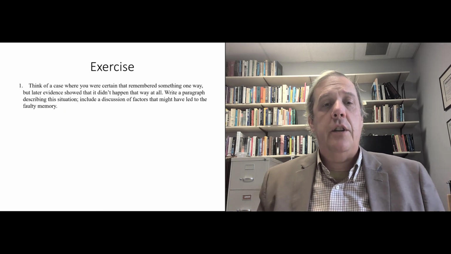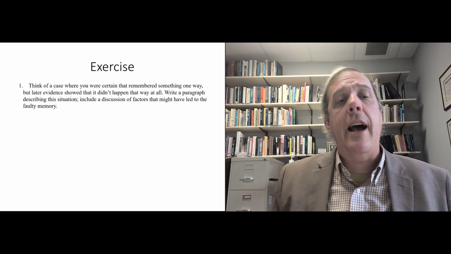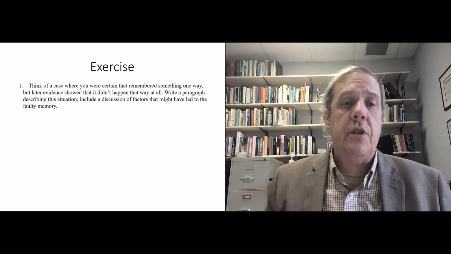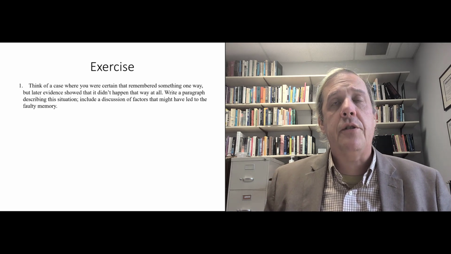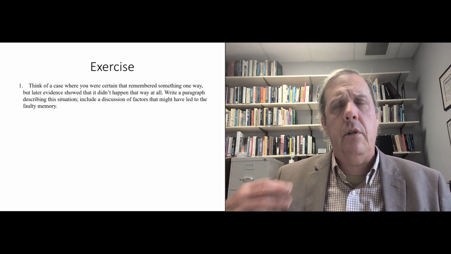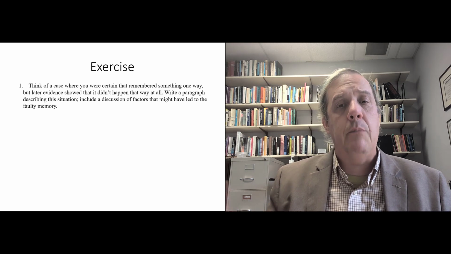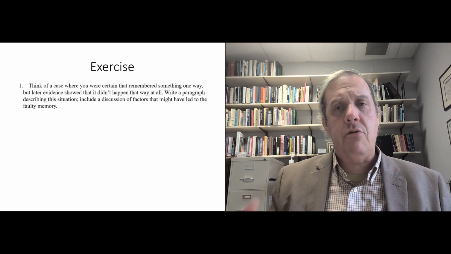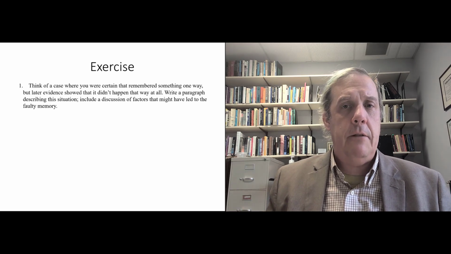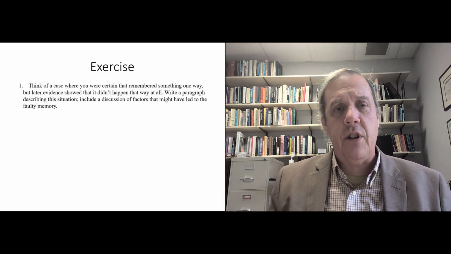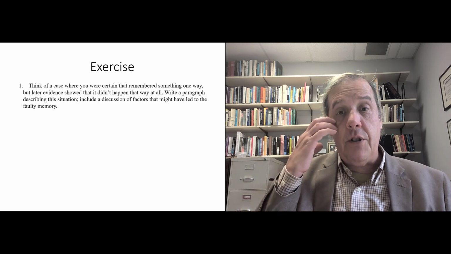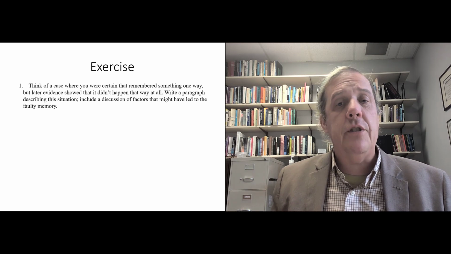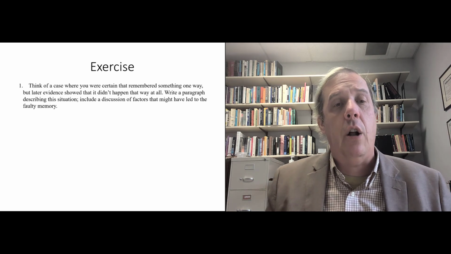So the first exercise was one that I added to the set just to make it more parallel to the previous set of exercises. In the previous set, it opened by asking you to remember a time that you misperceived something and then try and figure out why you misperceived it. I want to do the same thing this time. Think of a case where you remembered something one way, you were certain it happened that way, but later evidence showed that it didn't happen that way at all.